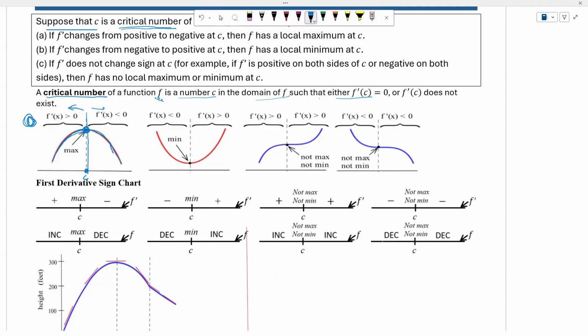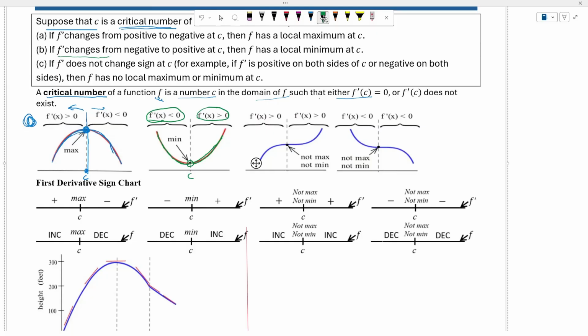On the other hand, if f prime changes from negative to positive, meaning the function goes from decreasing, so f prime is negative, to increasing, f prime is positive, then of course at c we have a local minimum.